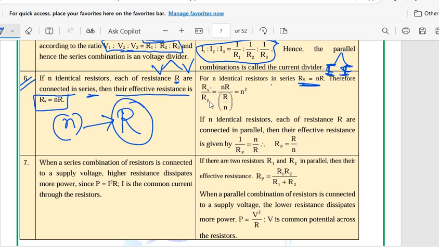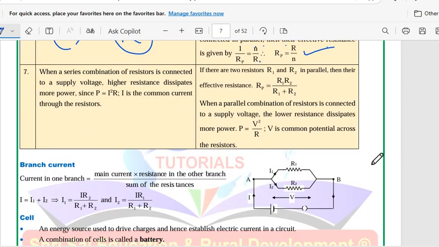Therefore, Rs divided by Rp, if you put these equations for Rs and Rp, you will get n square. If n identical resistors, each of resistance R, are connected in parallel, then their effective resistance is given by 1 by Rp equal to n divided by R. This is the effective resistance in case of parallel combination.